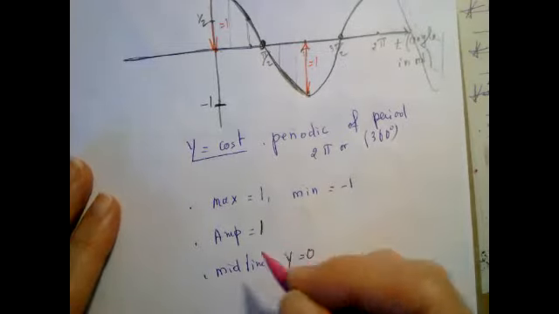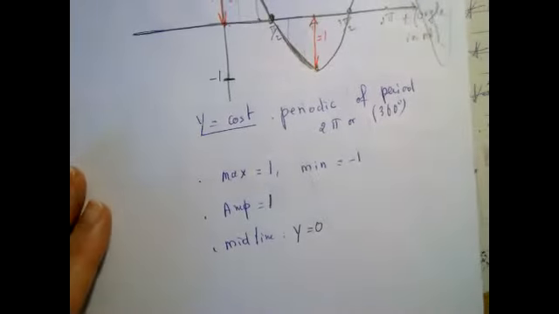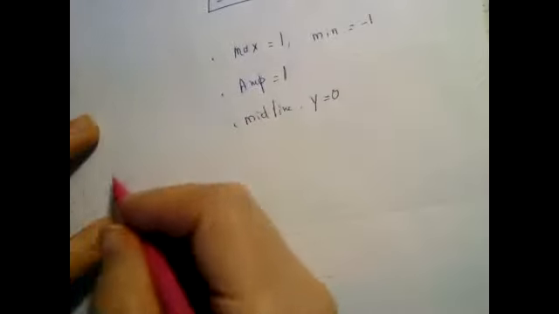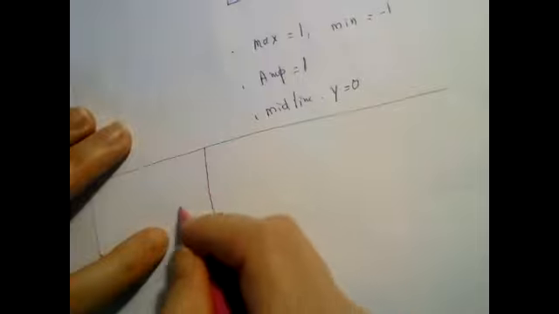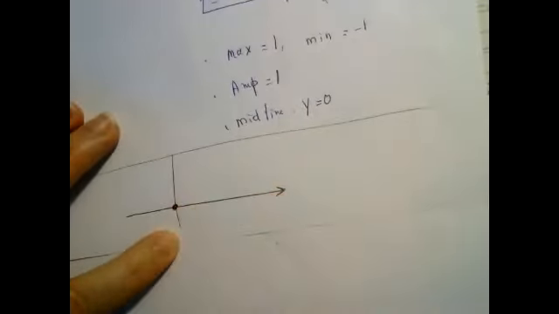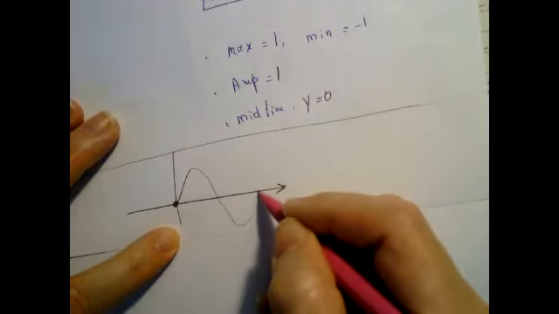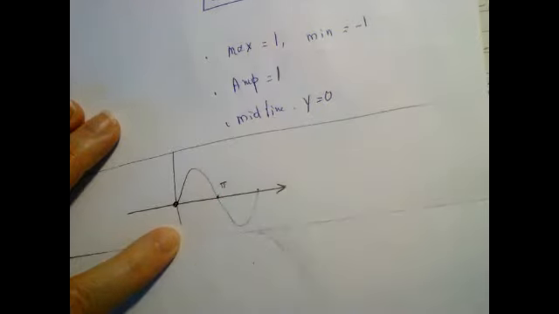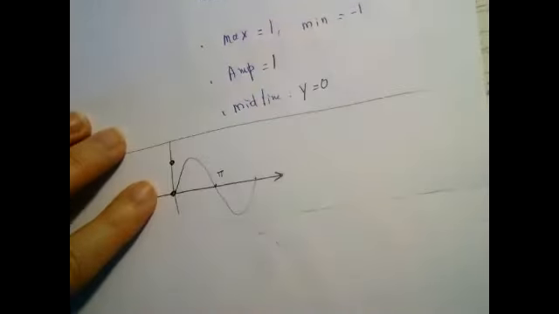Okay. Now, before we start stretching things and moving them, let me compare a little bit the sine and the cosine in here, so you can start building a picture. One of the differences which is going to help you is the sine starts at the midline, goes up, down, up, and this is the pi. That's the cosine. Sorry, that's the sine. The cosine starts at the top, right there.